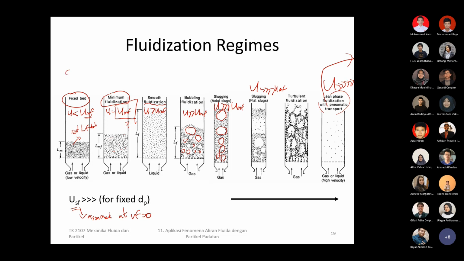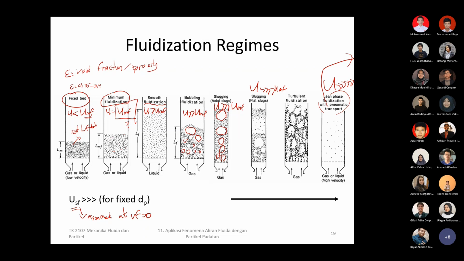epsilon. Epsilon here is a void fraction, or porosity, which represents the same thing. So it's like the volume overall. If you look at this fixed bed configuration, usually the epsilon will be in the order of 0.35 to 0.4.